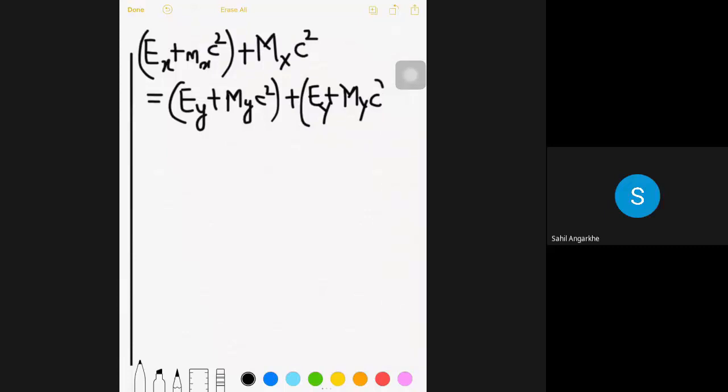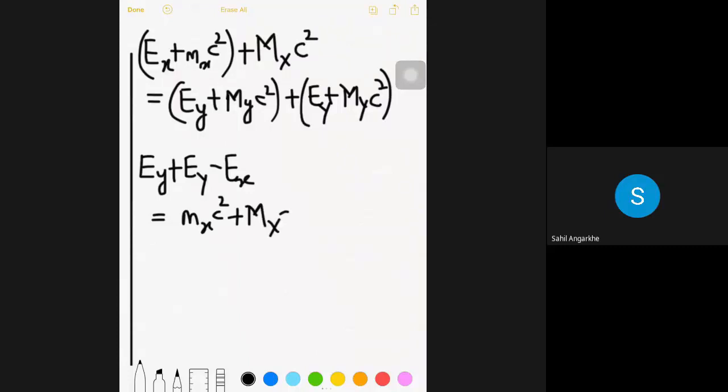Now I can transpose Ex to the other side, so I will have Ey plus E capital Y minus Ex equal to m small x c square plus m capital X c square minus m small y c square minus m capital Y c square.